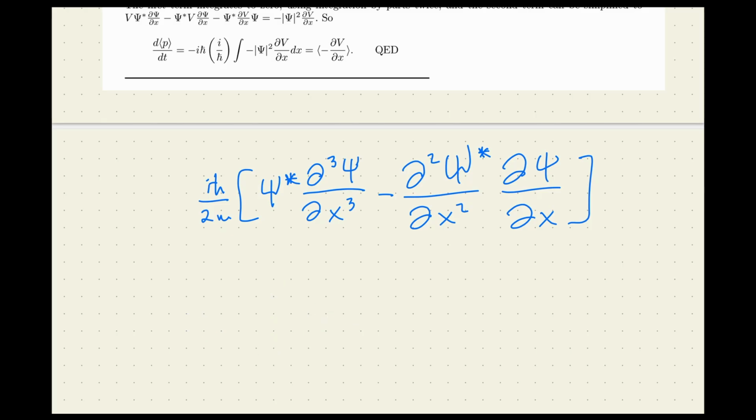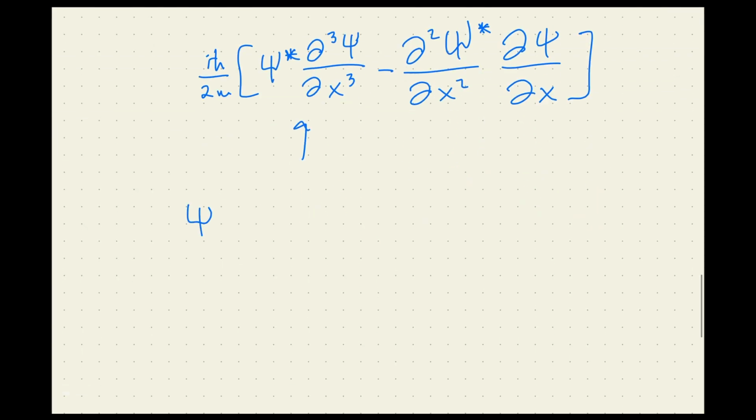Okay, I'm actually unsure here, but what I can imagine is happening is you use integration by parts, and if you apply it to this, you can convert this psi star times third derivative with respect to x of psi, and you can kind of move the derivatives onto the other thing.